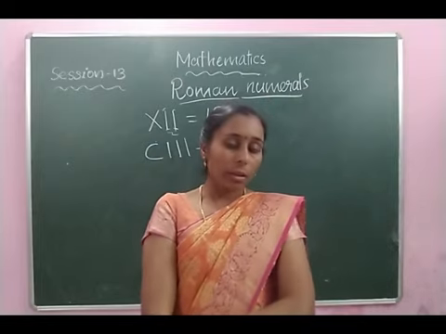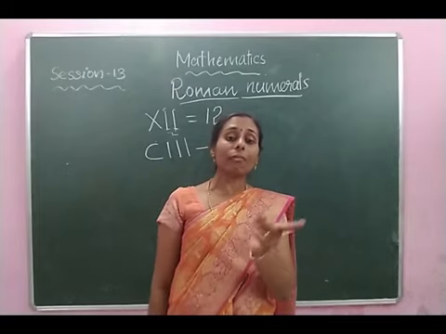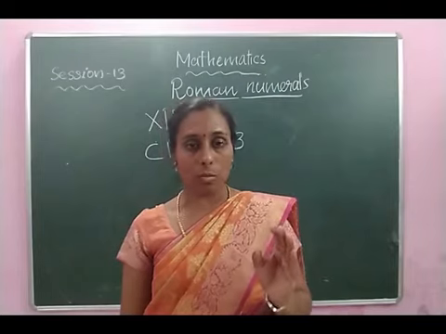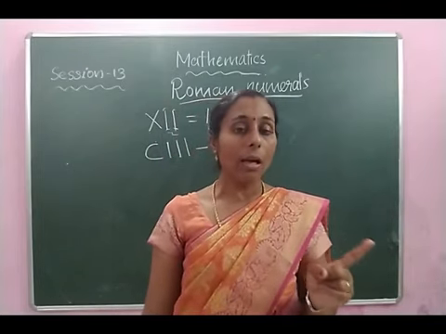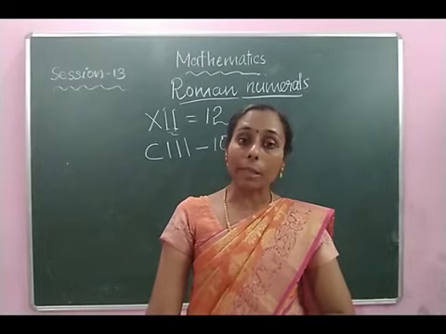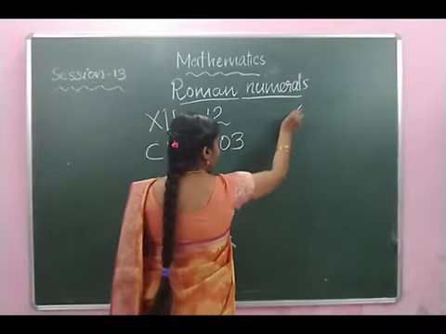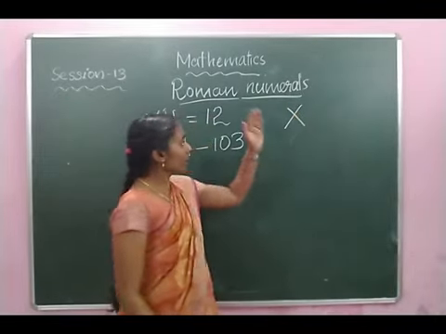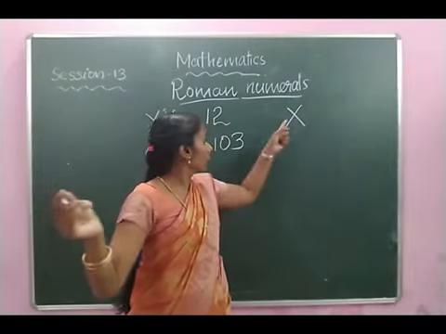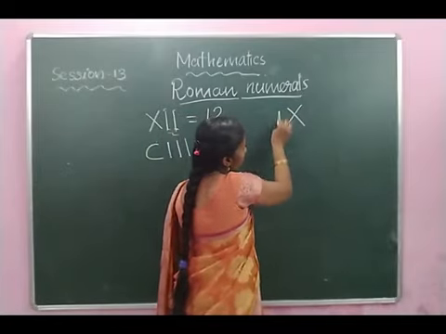Then the next one: a smaller numeral written to the left of a numeral of greater value means subtraction. Here, X is on this side, and I is on the left of this numeral.